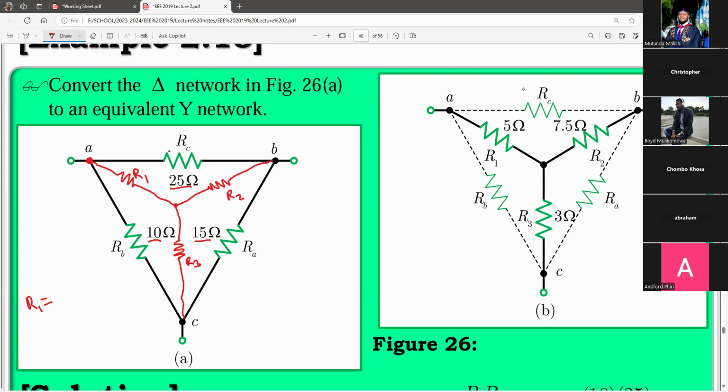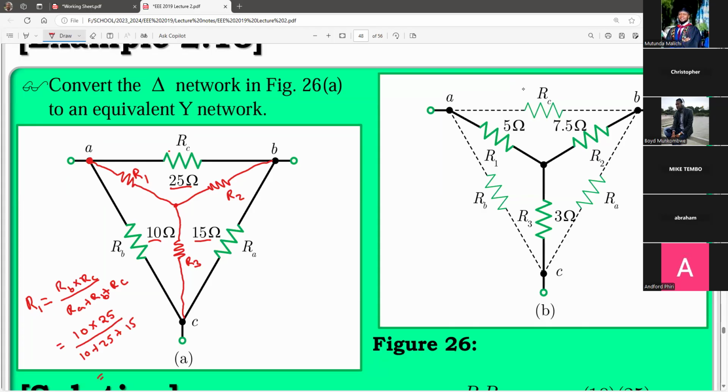So I'll have RB multiplied by RC divided by RA plus RB plus RC. So if I look at what I've been given, I have RB as 10 multiplied by 25 over the denominator, which is 10 plus 25 plus 15.